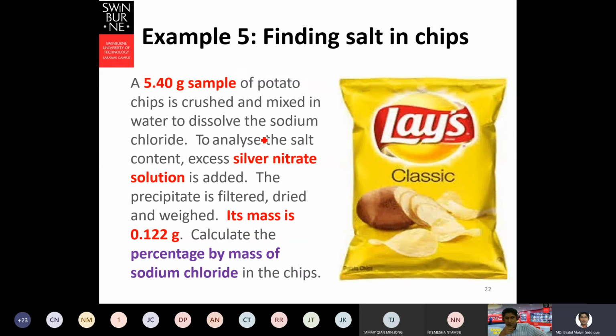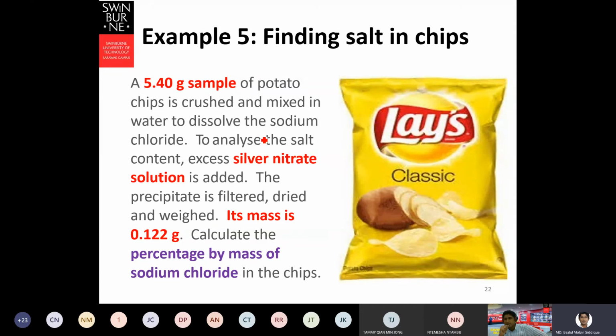For those with hypertension or high blood pressure, it is very problematic and dangerous. So we want to find out how much salt is in this type of potato chips, not only Lay's but others as well, or any other food. We want to know how much salt or sugar it contains.